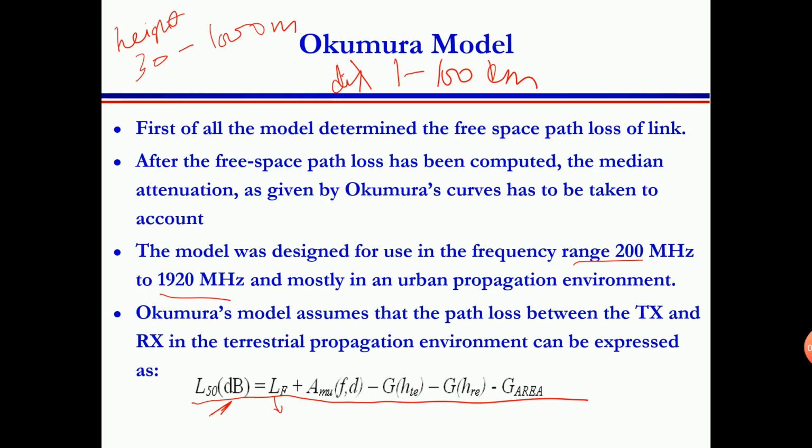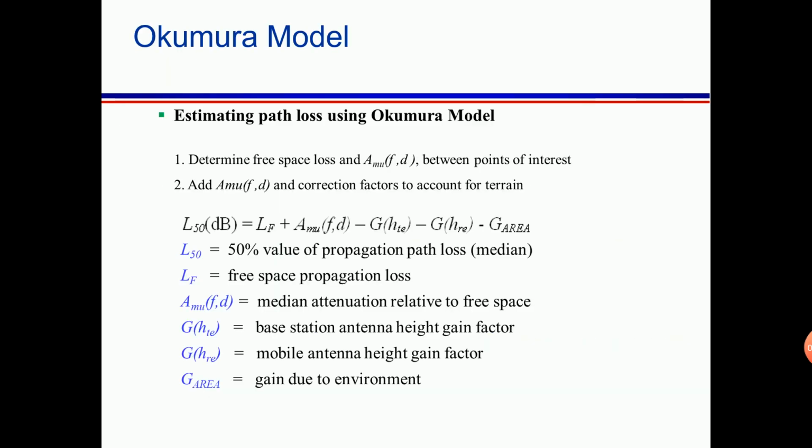And the attenuation, your transmitting antenna gain, receiving antenna gain, and the area gain. So this is the formula. The median attenuation and the gain due to the environment are all calculated using the Okumura's graph curves, right?